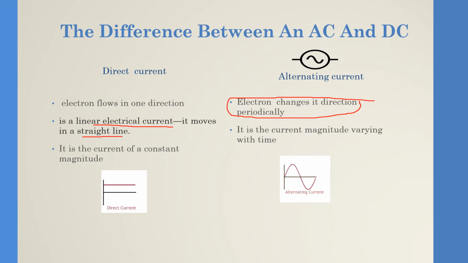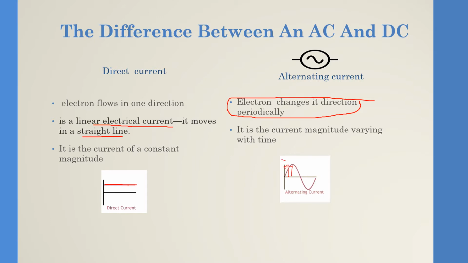That means if you look at this graph, the line is a straight line. It is a current of a constant magnitude. But in alternating current, the current magnitude varies with time. If you look at this diagram here, this is T and you have a different time, and here is another T and here you have another different current.